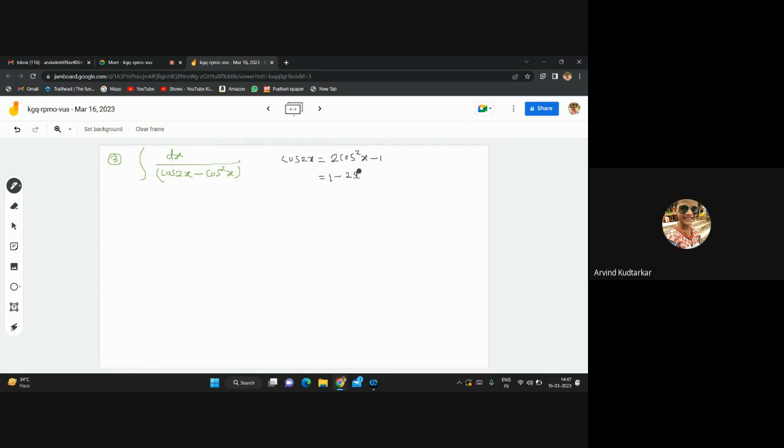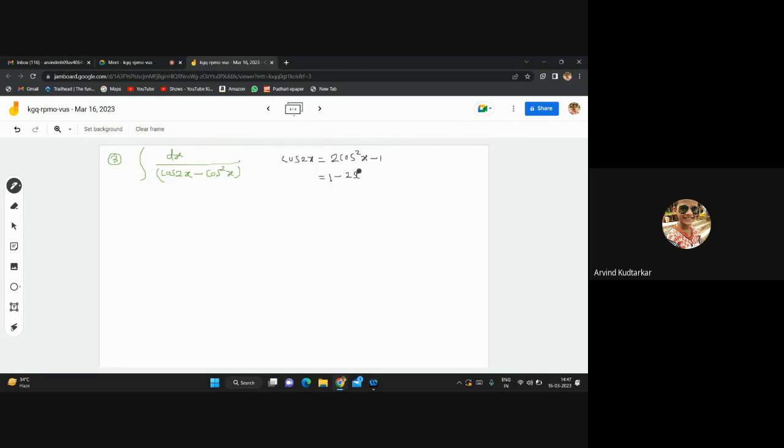So 1 - 2 sin² x is there. So we are using the formula for cos of 2x in terms of cos. That is 2 cos² x minus 1, or it is 1 - 2 sin² x. Here we are using the formula of cos 2x in terms of cos.